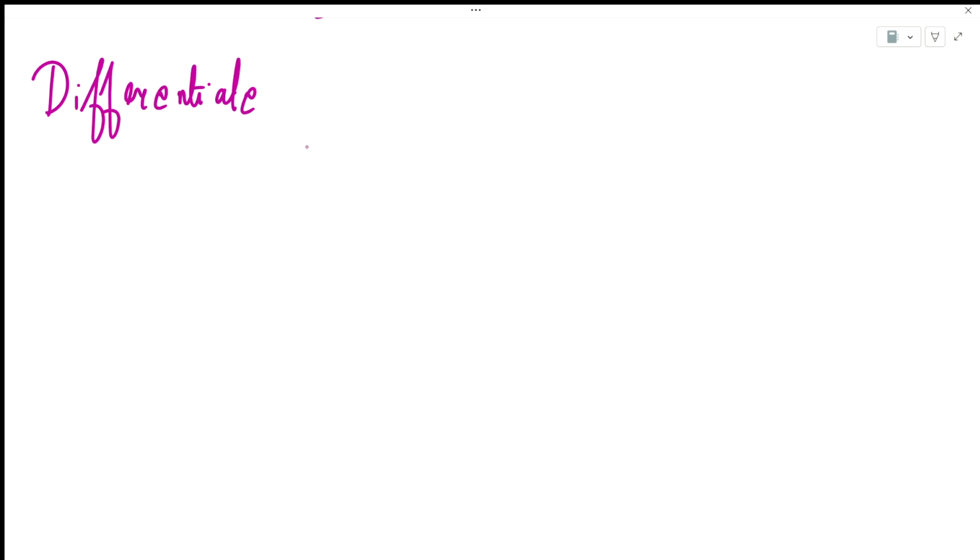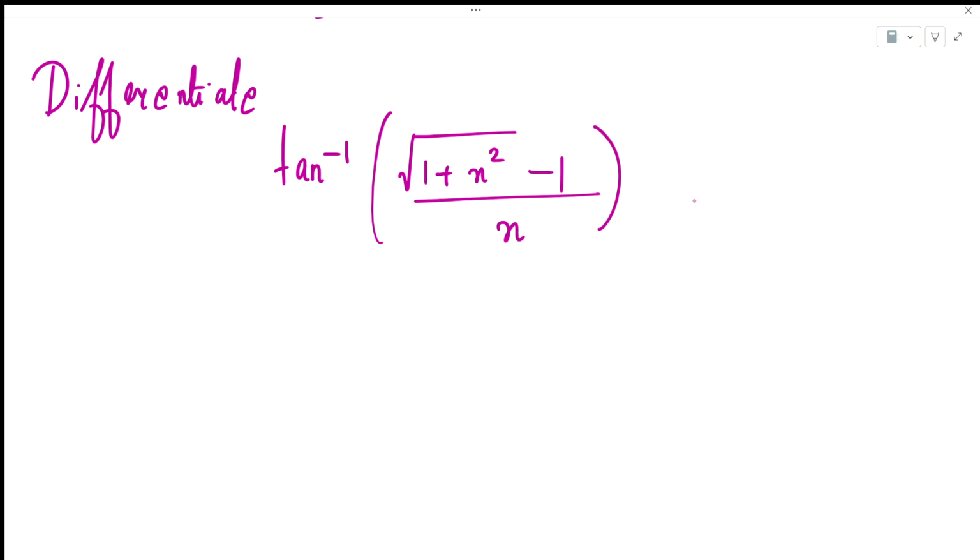We have this question over here. Differentiate tan inverse of square root of 1 plus x square minus 1 upon x with respect to sine inverse 2x upon 1 plus x square.